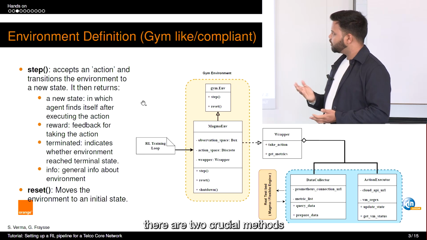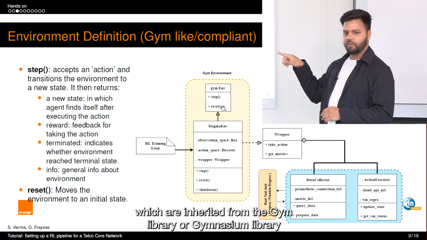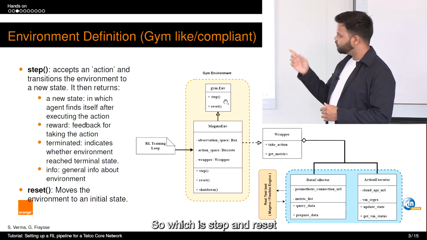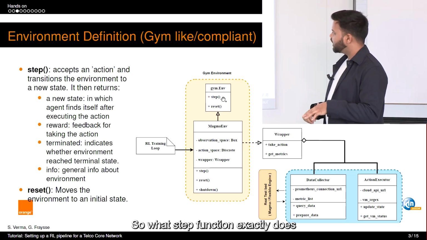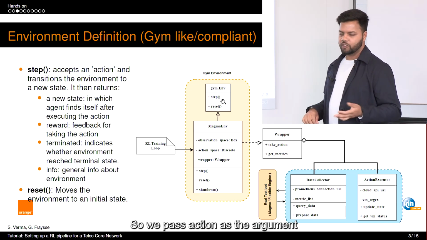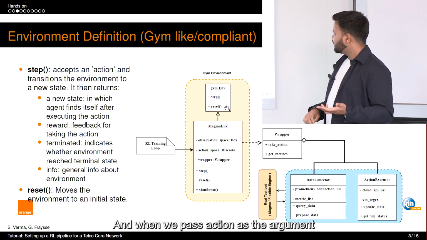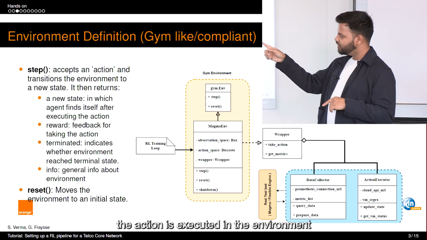There are two crucial methods which are inherited from the gymnasium library: step and reset. The step function accepts the action as the argument, and when we pass the action, it is executed in the environment.